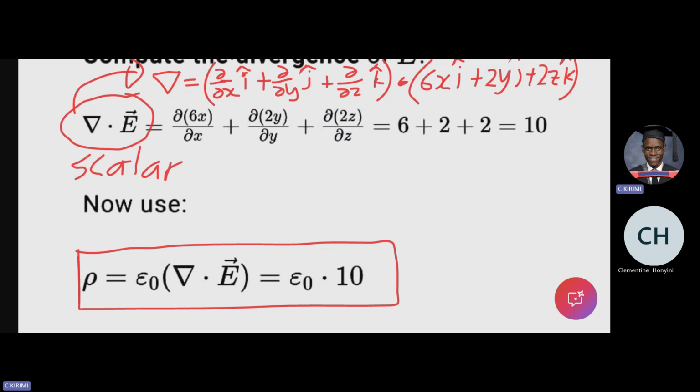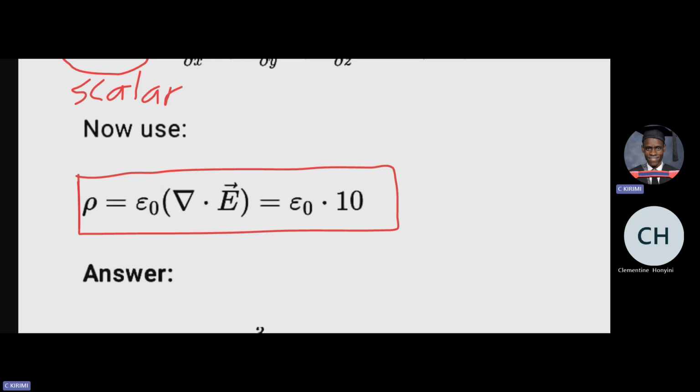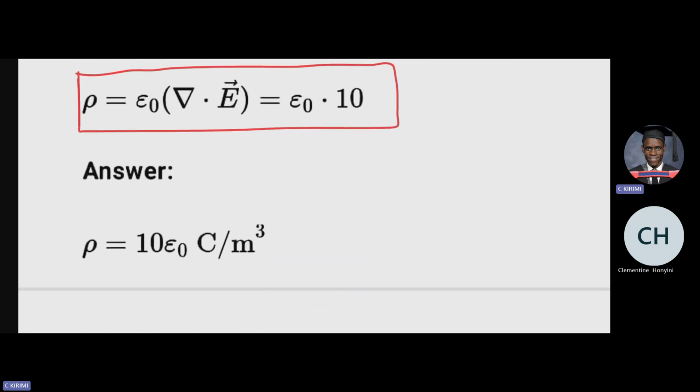But if you leave your answer like this, you are also correct. The charge density. If you just know the epsilon naught, you just multiply it by 10, and the units will be coulombs per cubic meter, the charge density.